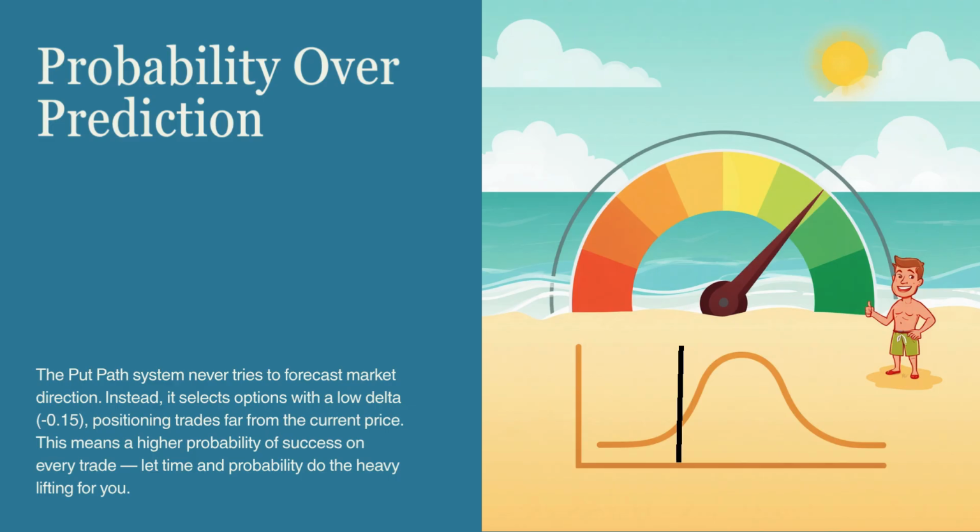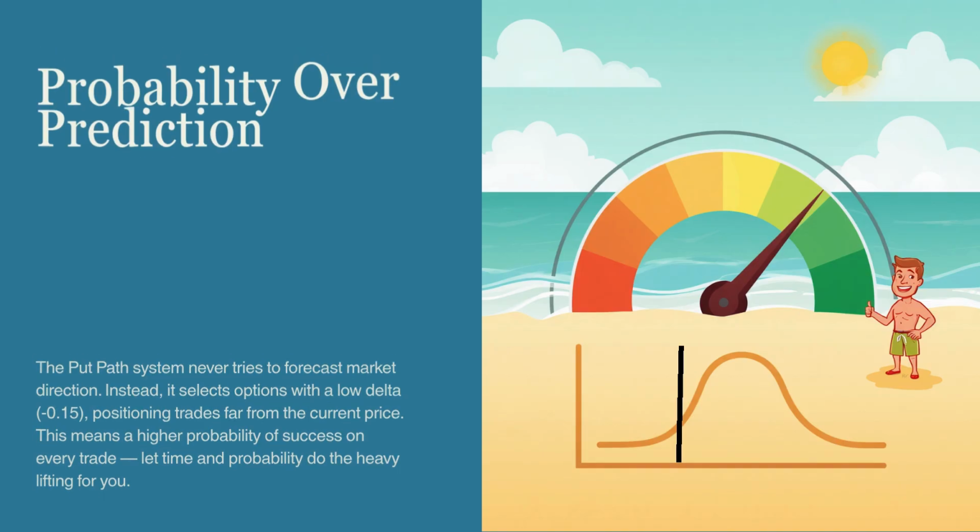We let the normal curve work in our favor. We let the probabilities work in our favor. I've got a statistics background and engineering background and math background, and that comes in handy when you're trying to conceptualize these probabilities and these entry points and exit points.